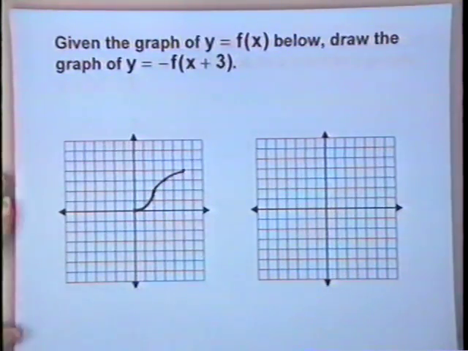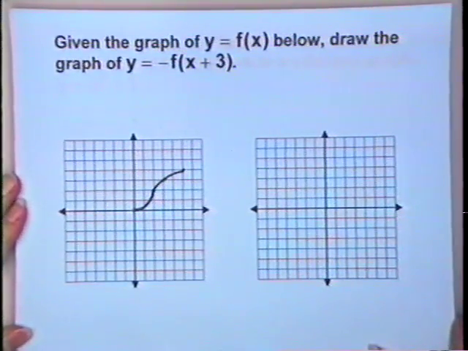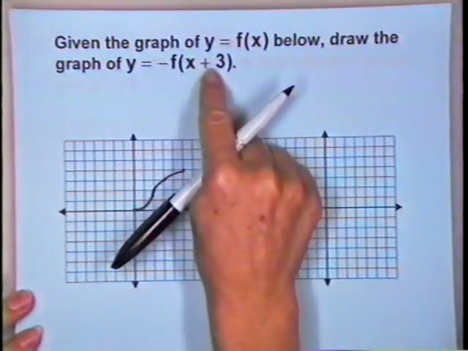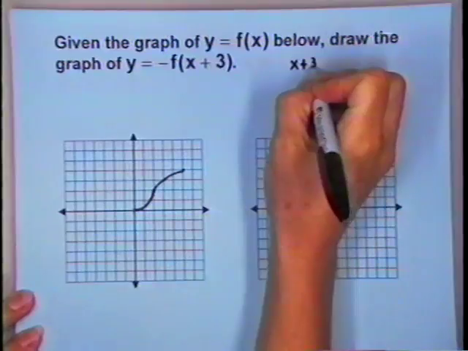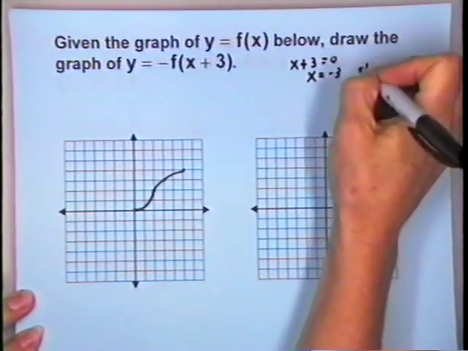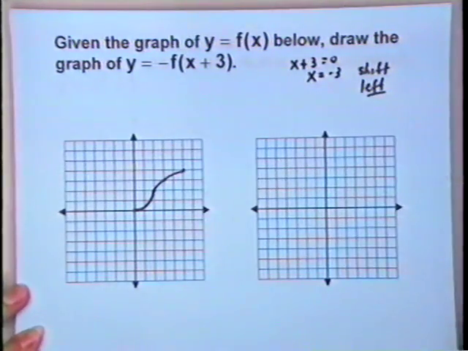Given the graph of y equals f of x below, draw the graph of y equals minus f of x plus 3. Now, this one has 2 things going on at once. What's this x plus 3 going to do? Well, if you set x plus 3 equal to 0 and solve for x, that says what? We're going to shift left 3 units, right?